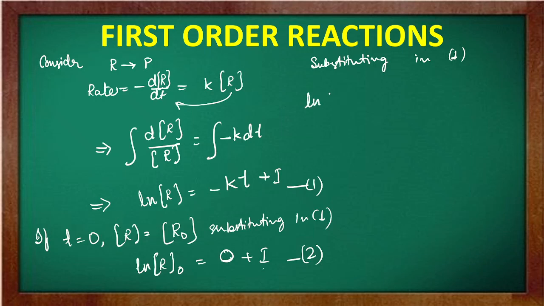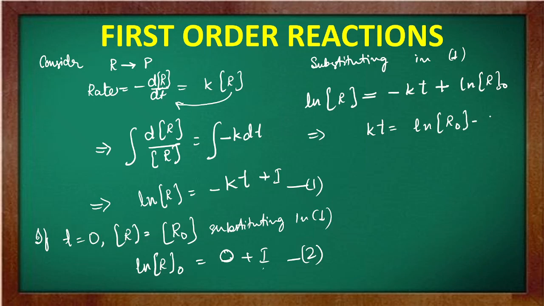We will get ln[R] is equal to minus Kt, and this will be plus ln[R] naught. Rearranging it, that will be Kt is equal to ln[R] naught minus ln[R]. So your K will be equal to ln[R] naught minus ln[R] by t.